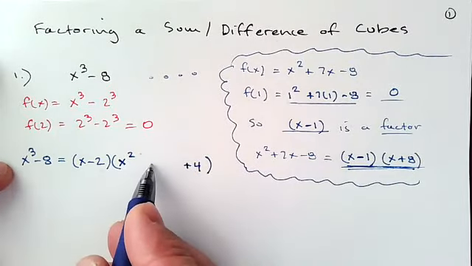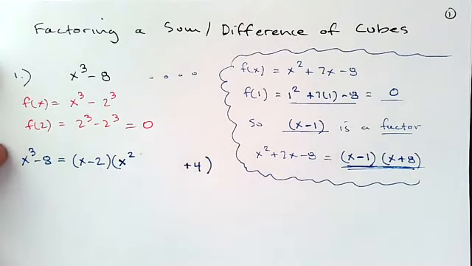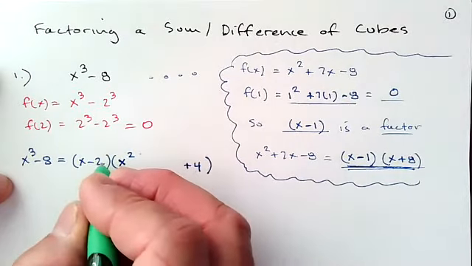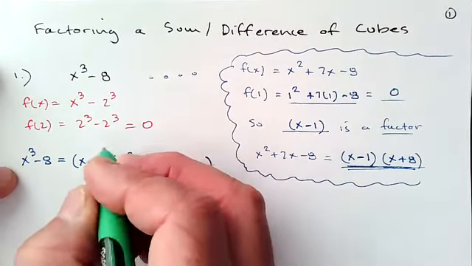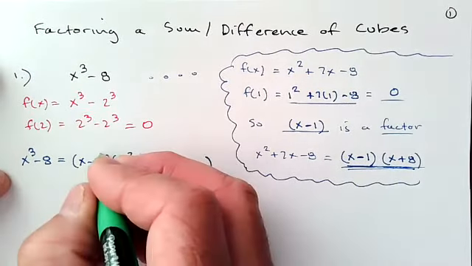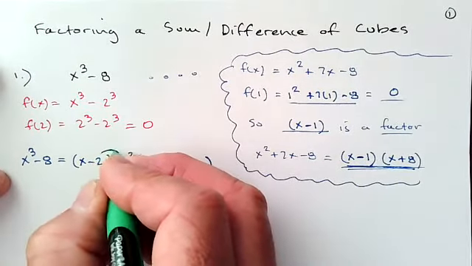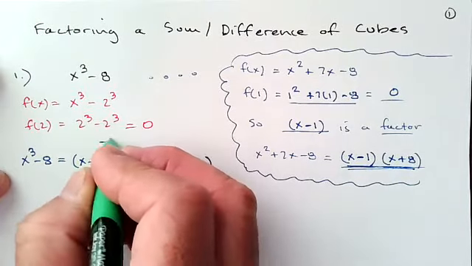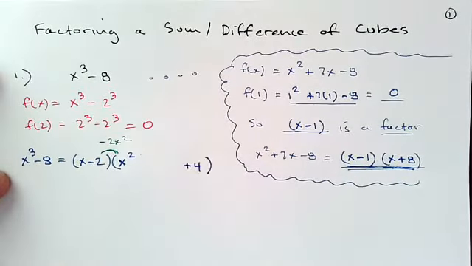Now, there is a middle term here. And how you can figure out what that middle term is, think about this. With what we've put down so far, if we were to multiply this out, we have to get back to x cubed minus 8. These two terms, if I multiply them together, give me negative 2x squared.